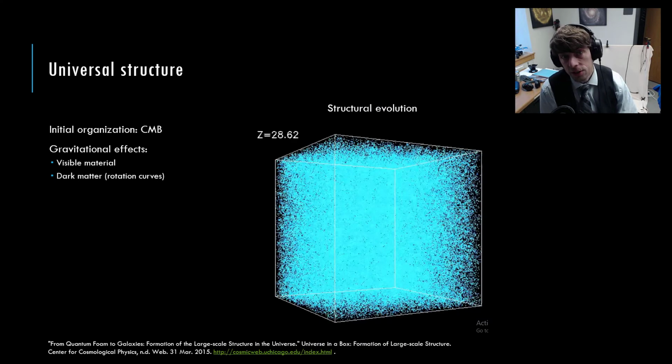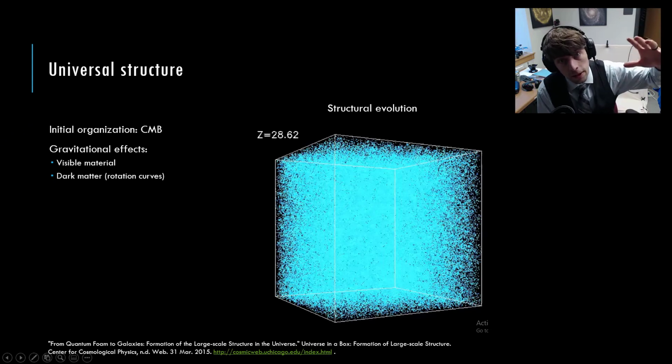So, taking the initial condition, the cosmic microwave background, which tells us how material is distributed in the early universe, and understanding the gravitational effects that material has on clumping together, we can now use our computer simulations, our model, and fast forward through time to see what the end result should look like for today.